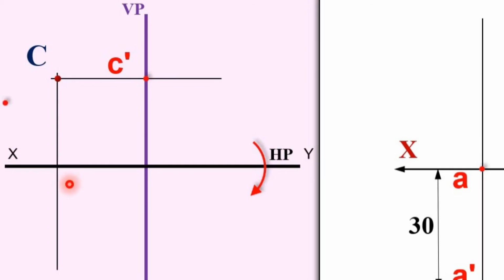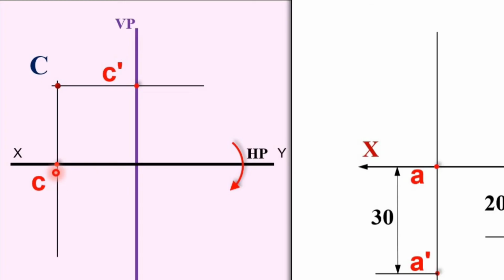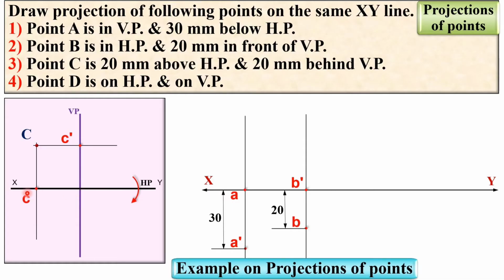And for the top view, the projection will be on HP, and that is denoted by C. Now once again, you know that this is HP, so it must be rotated 90 degrees in clockwise direction with respect to this point. So the C point will move over here, and that's why it is above the XY line.